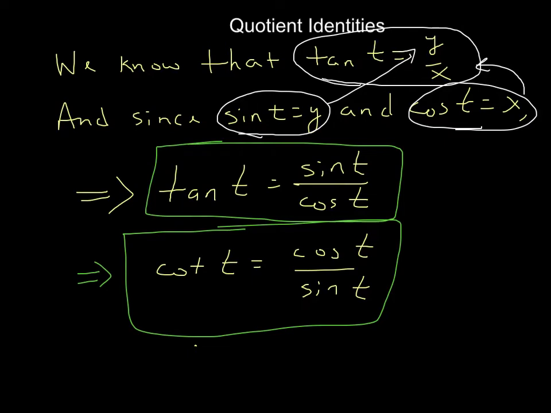And since tangent and cotangent are reciprocals, that means that the cotangent is the cosine divided by the sine. So again, these are what we call the quotient identities because we have a quotient on the right-hand side of each of those.